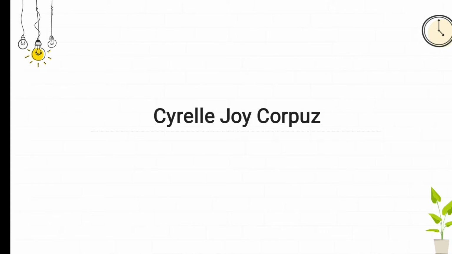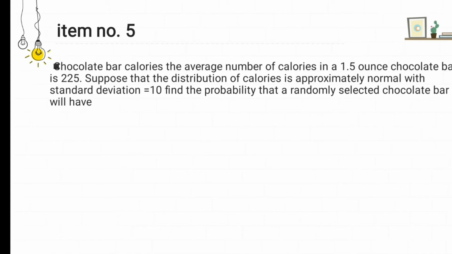And for this video, we're going to answer item number 5 of chapter 6.2. The problem is: the average number of calories in a 1.5 ounce chocolate bar is 225. Suppose that the distribution of the calories is approximately normal with a standard deviation of 10.